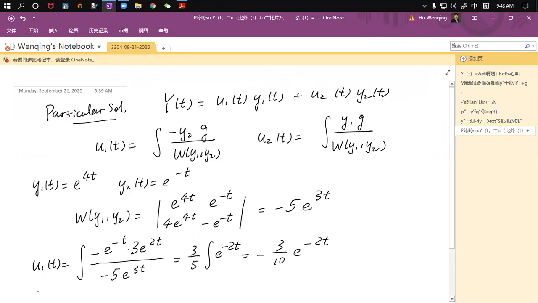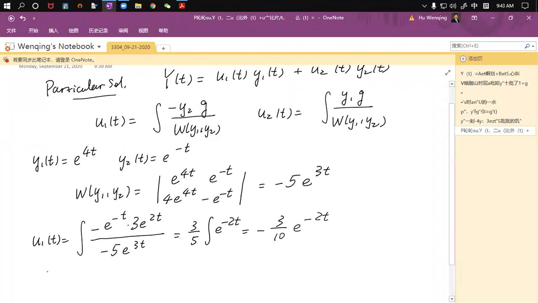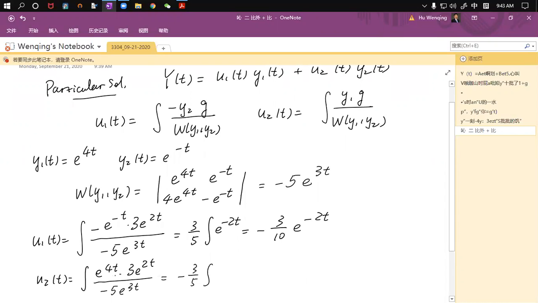So maybe I'll just go a little bit down. Okay, so with the same rationale you can calculate u2 of t, which is plus y1. So y1 is e power of 4t multiplied by 3 times e power of 2t, as the g, divided by the Wronskian, minus 5 times e power 3t. So that's minus 3 over 5, the integral of e power 6t, so e power 3t.